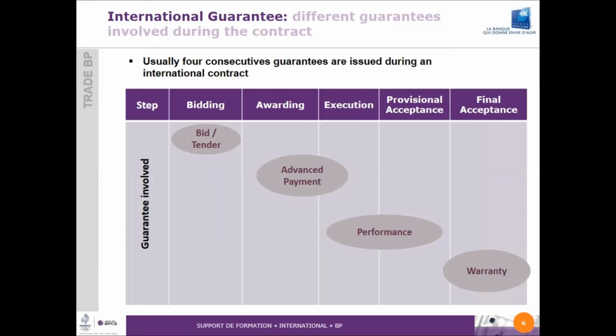And at the end, when the final acceptance has been made and you enter the warranty step, you'll usually be asked for a retention warranty. By that, I mean that usually there's an amount of money that is retained by the import company. If you want to access this money, you'll be asked to submit a warranty retention guarantee.